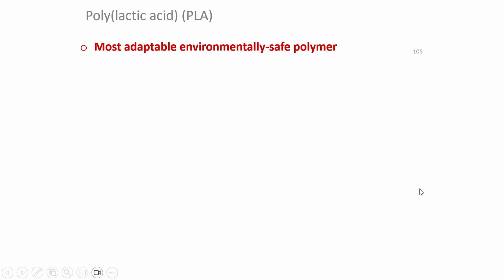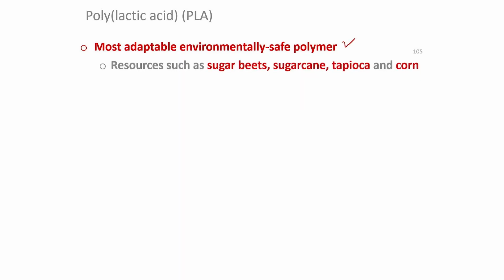Now, the most adaptable environmentally friendly polymer is PLA. So, we have used PLA along with the chitosan. The reason for using PLA is that it is environmentally safe, and we can have it in large quantity.